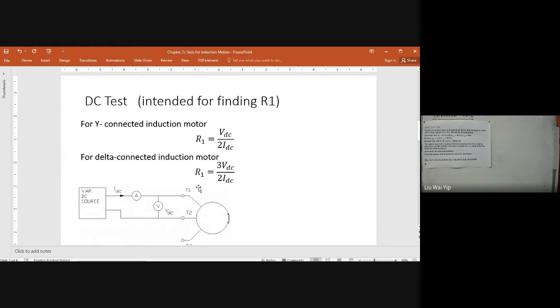This means two R1. So in other words, you can calculate the Y connected winding resistance by this formula. On the other hand, if the motor is delta connected, then you need to multiply the whole expression by 3.